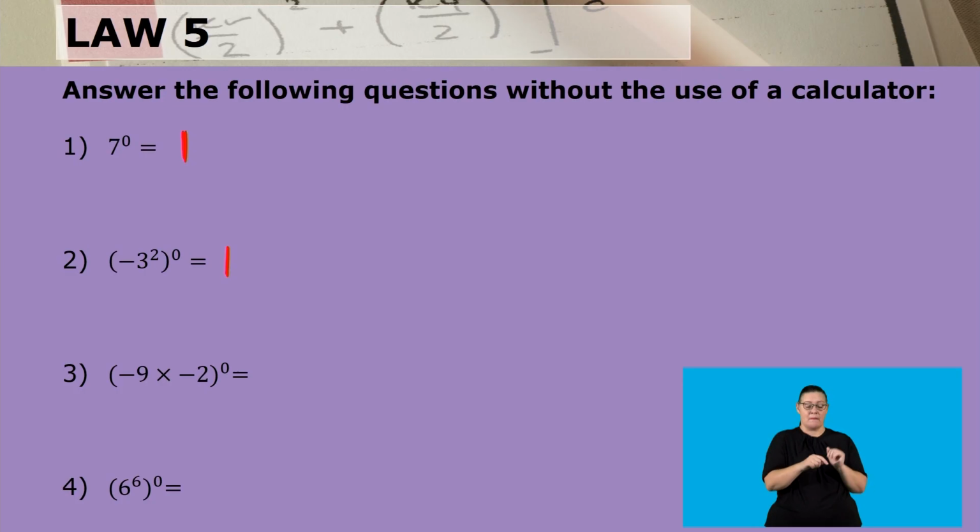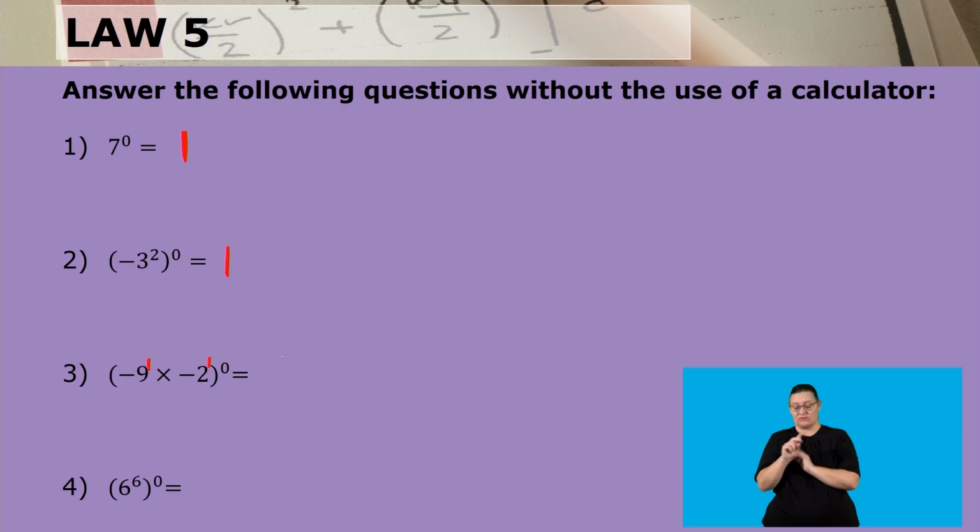What about when a product is raised to the exponent 0? Well, let us see. So now we have there a negative 9 multiplied by a negative 2. And they are raised to the exponent 0. Now, there are quite a few ways that we can calculate this, but we will only choose one of those ways. Let us apply our exponent laws here. We know that the negative 9 has an exponent 1 and the negative 2 has an exponent 1.